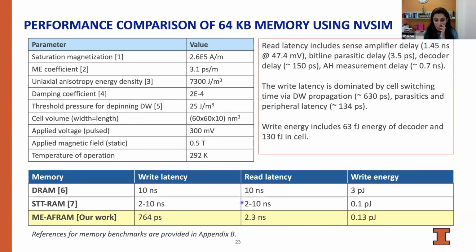On the read side, most of the latency, we're seeing 2 nanoseconds, is due to the sense amplifier delay. And on the write side, we do have the domain wall propagation. So that's kind of limiting, even though we scale the size of the bit, and so on and so forth. But it's still competitive, and hopefully, if we did a little bit more device and material engineering, we could improve this. I haven't yet implemented models for boron doped chromia, so this is just for undoped samples.